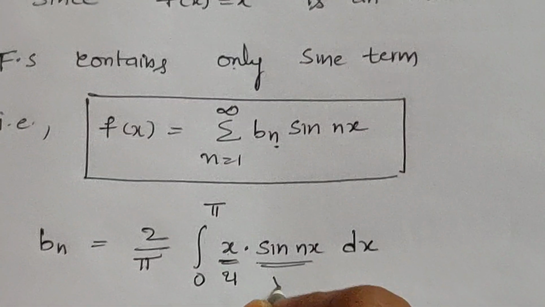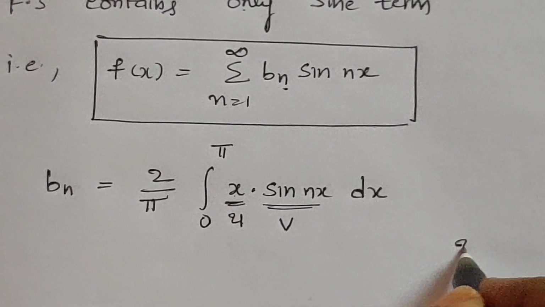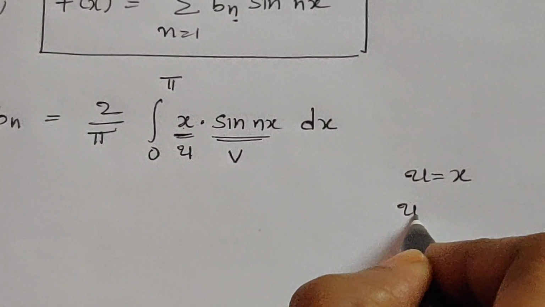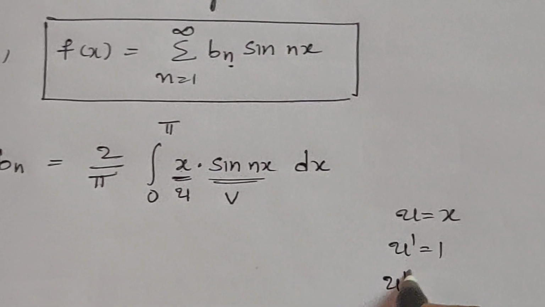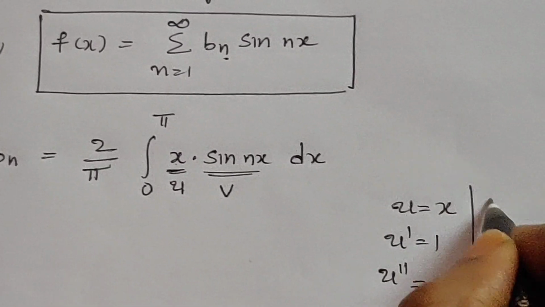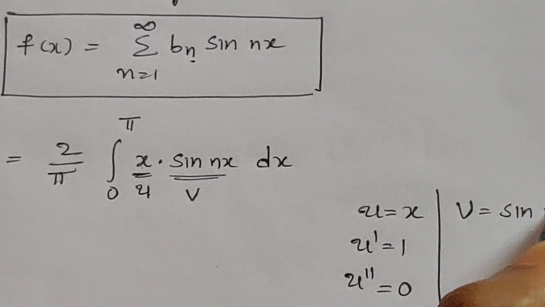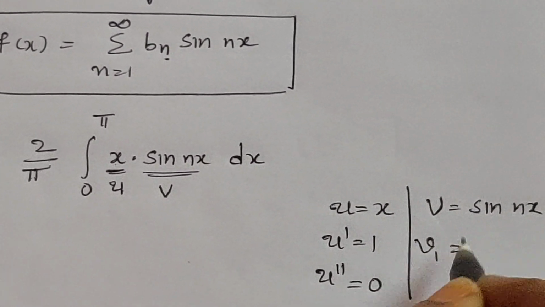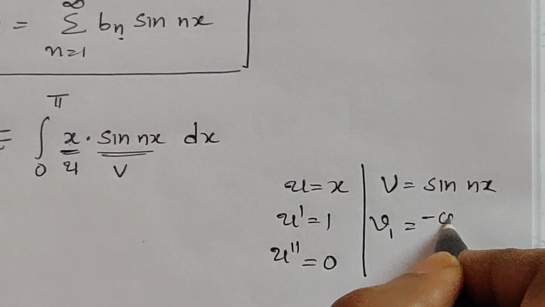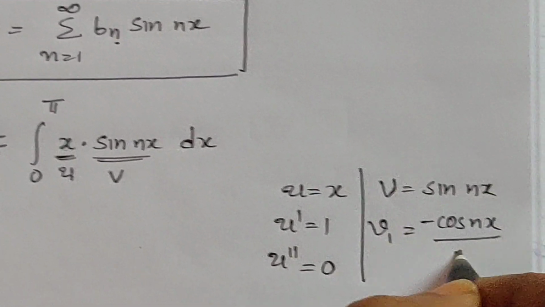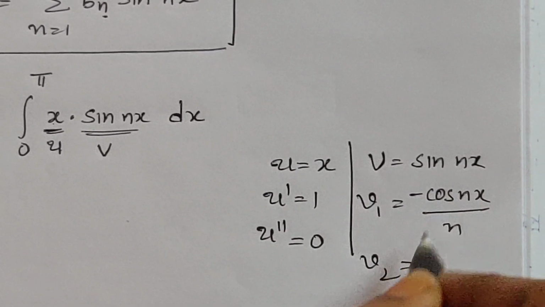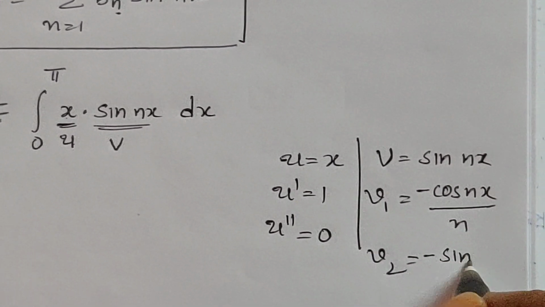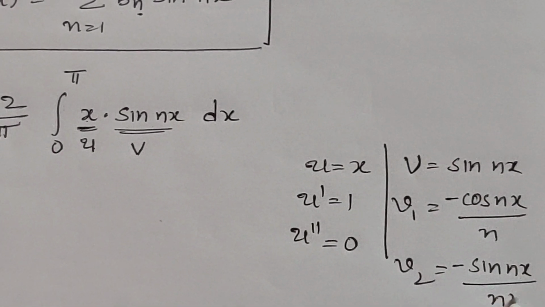Take u as x, v sin nx. Here u equal to x, u dash becomes 1, u double dash 0. v equal to sin nx, v1 equal to integral of sin, that is minus cos nx by n. v2 equal to integral of cos is sin nx by n square.